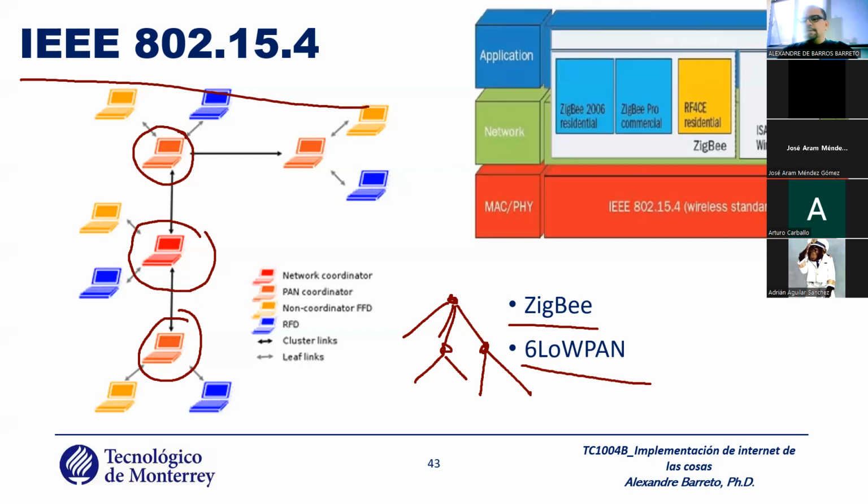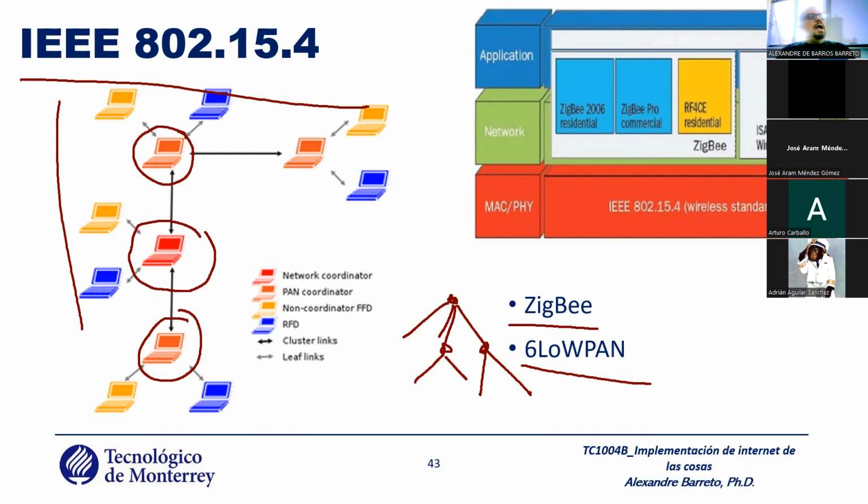6LoWPAN is similar to ZigBee. It uses this approach here, however it supports millions of devices. Another important thing 6LoWPAN has is very strong authentication and very strong security features like cryptography and others.